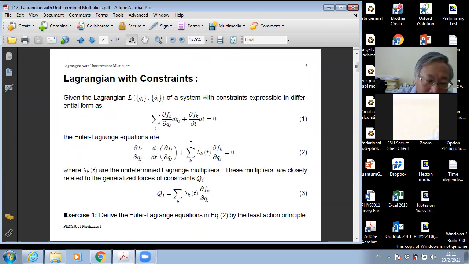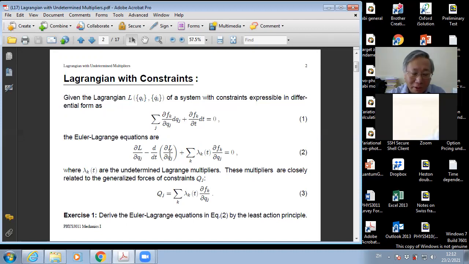If you go through the derivations here, as asked in exercise 1, and compare the terms, we know that this term is responsible for force, because for simple cases this is the mass times the acceleration, for example in a one-dimensional problem.